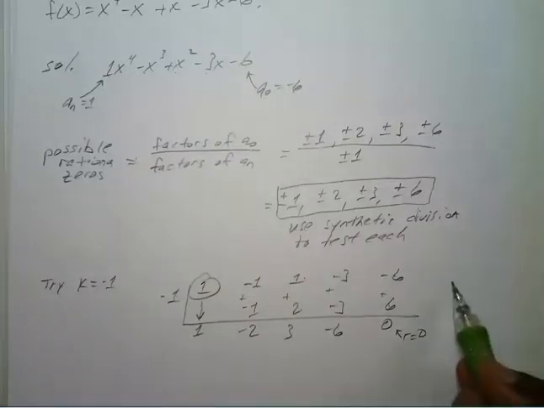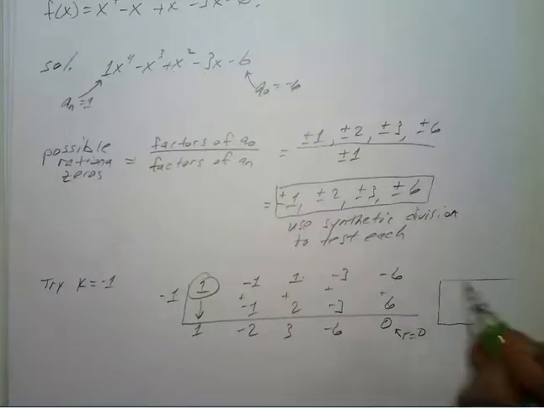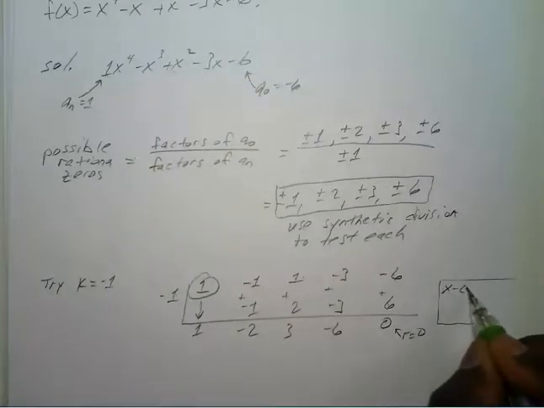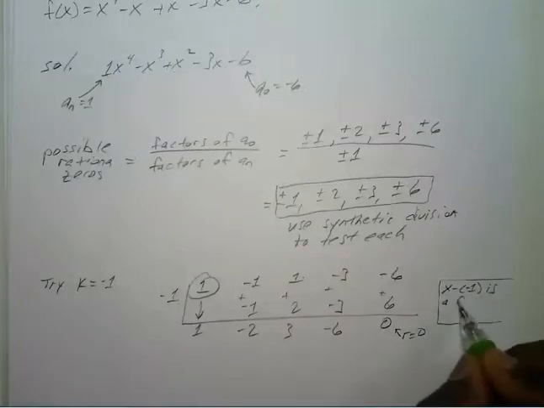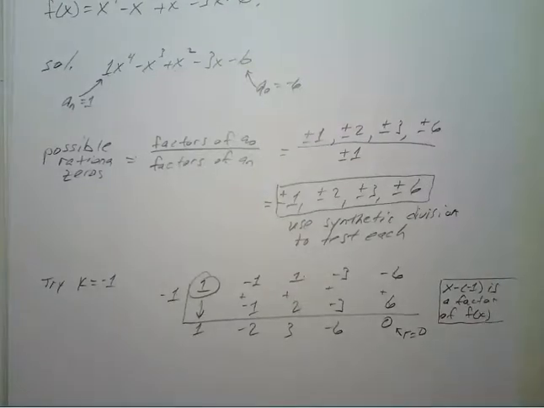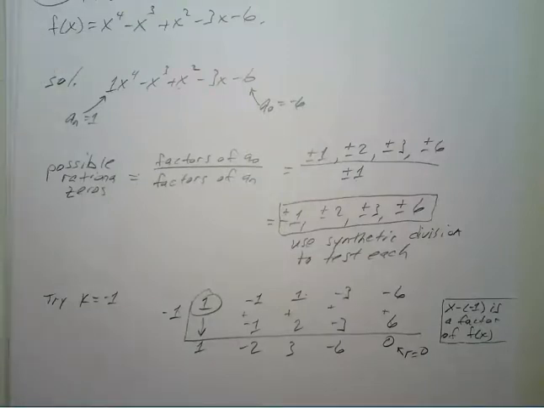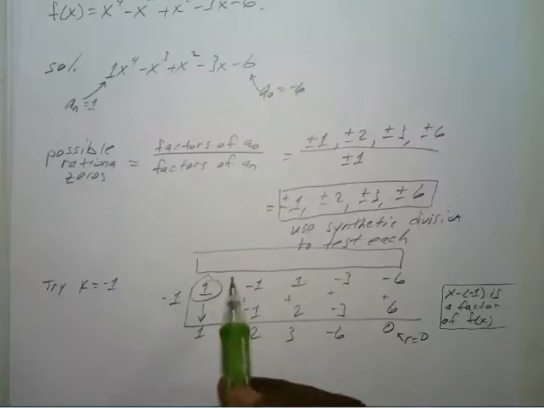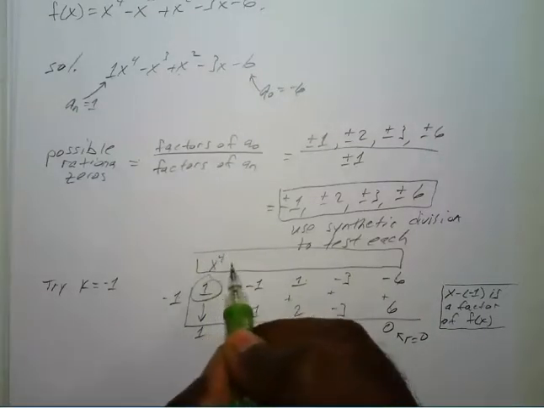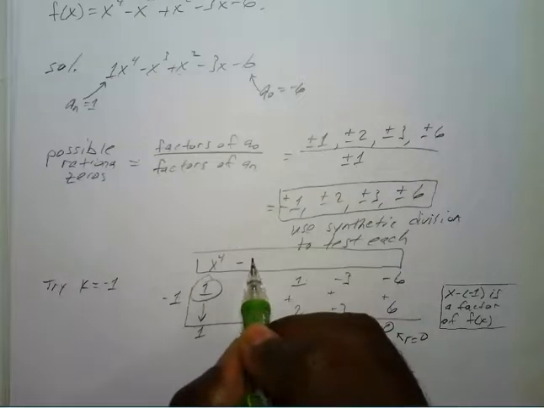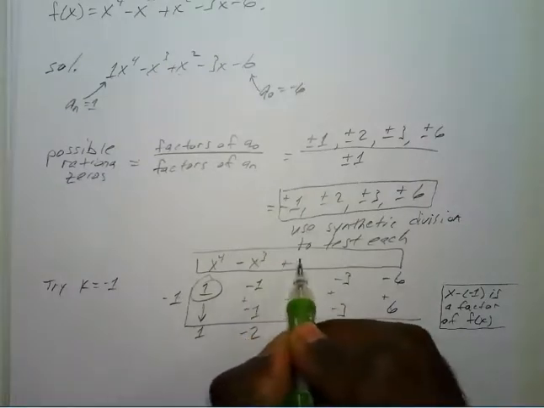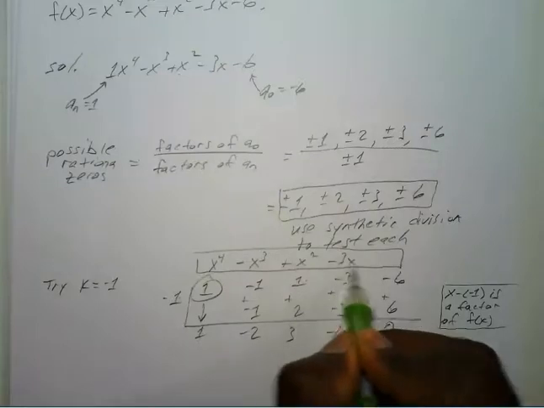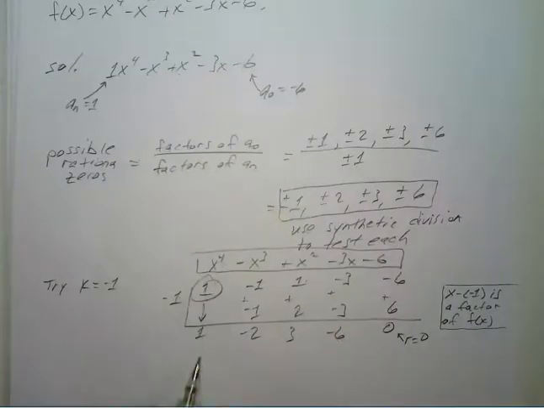When that's the case, we know that x minus negative 1 is a factor of our f of x, and our f of x is just this up here. Remember how we rewrite it: our exponent drops by 1.